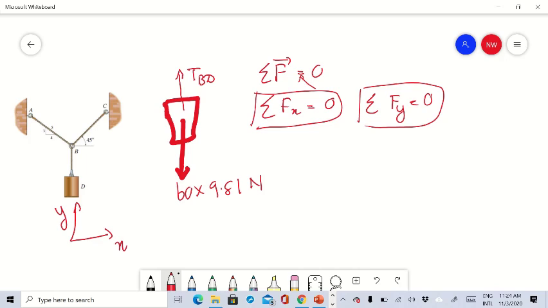In the x direction, there are no forces, so this condition is satisfied. For the cylinder to be in equilibrium, sigma Fy should be equal to 0. What are the forces in the y direction? TBD is in the positive y direction, and the weight in the negative y direction is 60 times 9.81. These two forces should sum to 0.